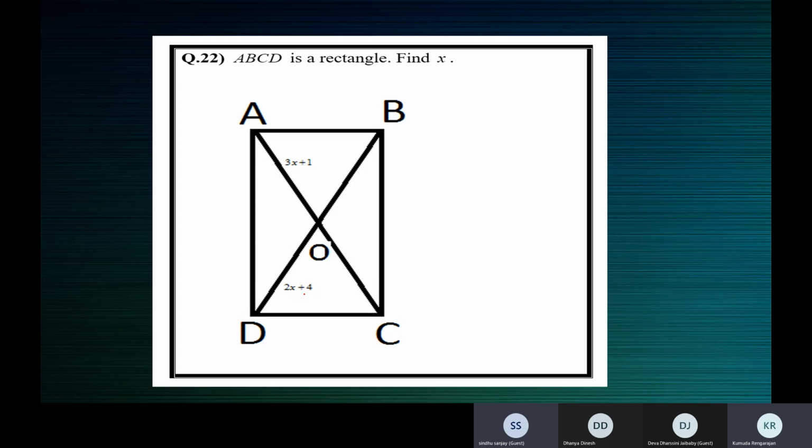Ma'am, x is equal to 3. Ma'am, can you repeat it? Your voice was breaking a little. What do you want me to repeat, Devadarshini?